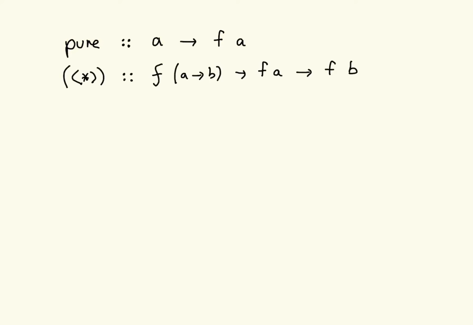And then what's the funny star operator doing? Well, it's just a generalized form of function application. You can see that there's basically a function application type hidden in here.